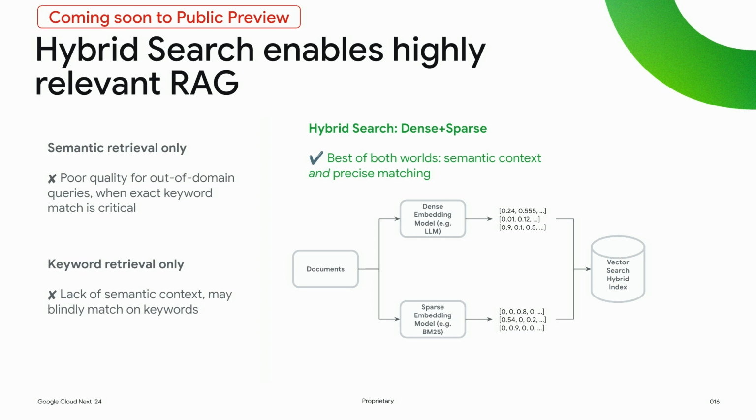A good example of this is when you are looking for a specific product code, or when you have specific terminology that is not understood by embeddings, right? Company-specific terminology, acronyms, and things like this. In that case, embeddings don't provide the right retrieval, which materializes as quality losses for your applications.